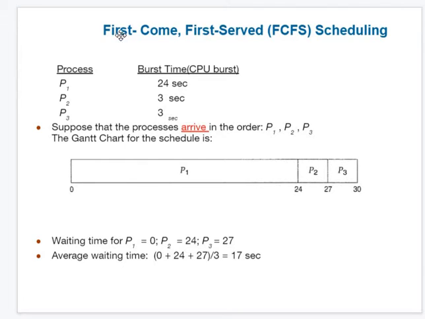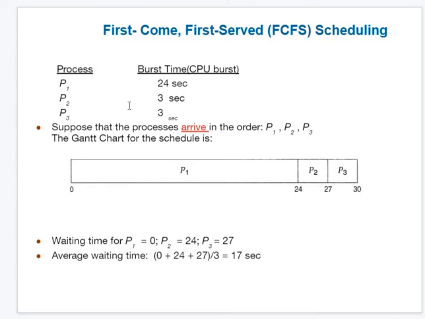Everywhere we get this concept of FCFS. So take 3 processes, each with the following CPU burst time: 24 seconds for the first process, 3 seconds for the second, and 3 seconds for the third.